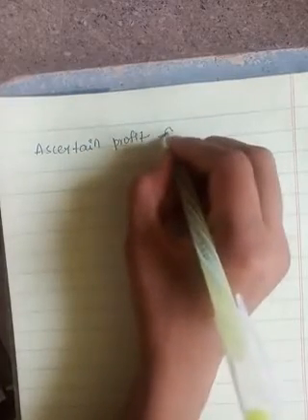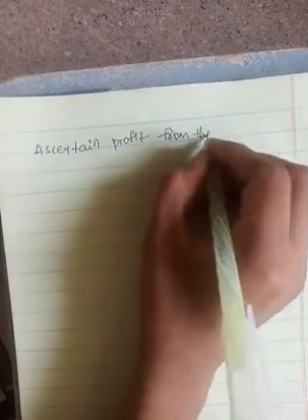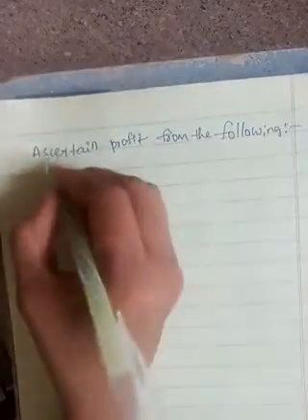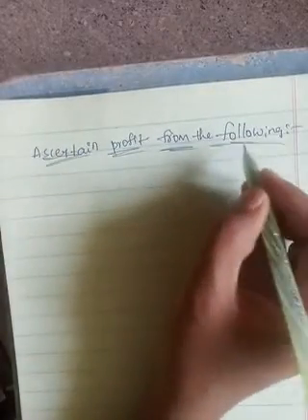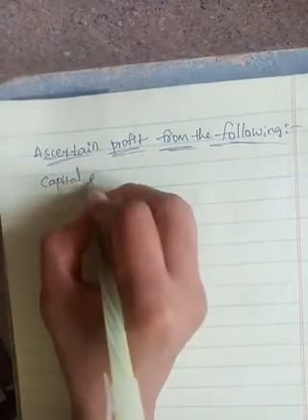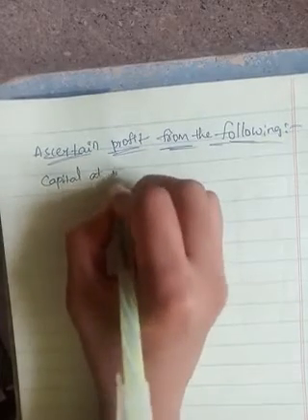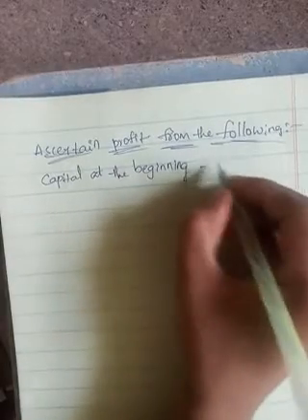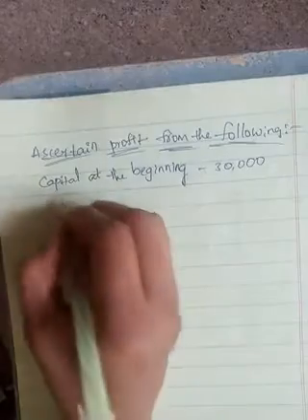Suppose the problem is given as: ascertain profit from the following. Small problems like this come for short questions. Capital at the beginning of the year is 30,000.